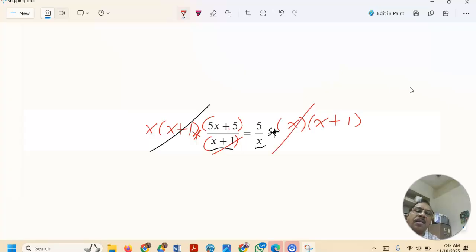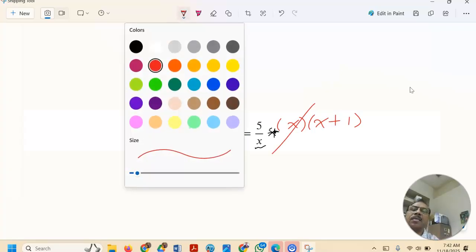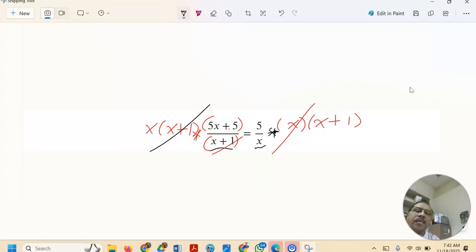And on the right side, this x and that x cross out. So let's see what we are left with. We are left with x, then 5x plus 5, and on the right side we have 5 times x plus 1.